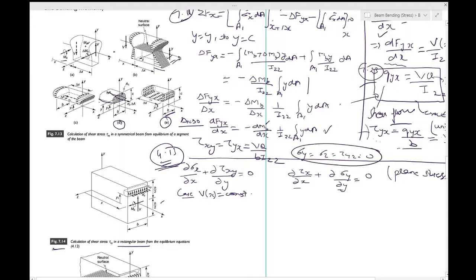And why was it assumed? Because the surfaces were having sigma y equal to 0, and since that dimension was very small for a slender beam, we assumed that sigma y would be 0 throughout. So in this equation, since this term sigma y is equal to 0, this would mean that dou tau xy by dou x will be equal to 0, and this means that tau xy will be independent of x.